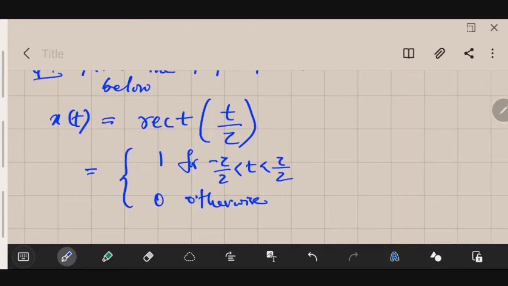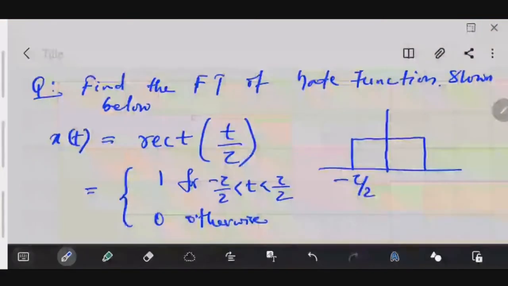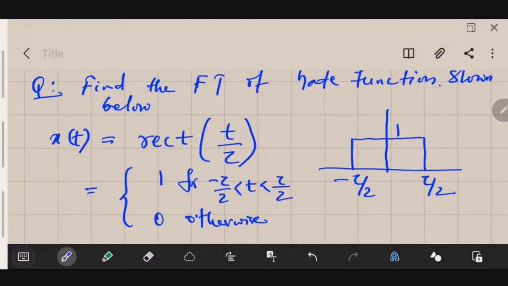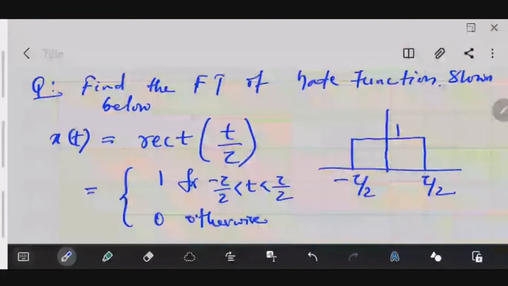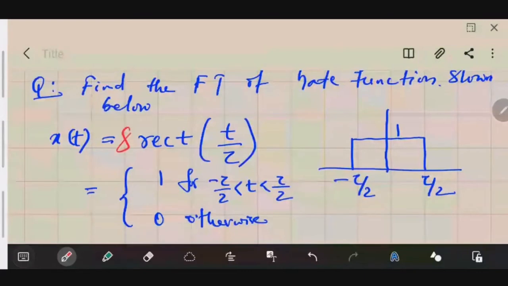So what does this mean? It is just a pulse of width tau. If the width is tau, that means it will be from minus tau by 2 to tau by 2, and its strength is 1 in this case. However, if I had written 8 rect t by tau, then in place of 1 I would have written 8 here.